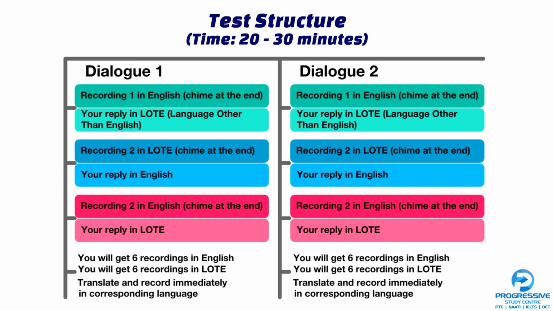After this, you'll hear another dialogue, and the process will continue until all the dialogues in the first dialogue are completed. After this, you will be given a second dialogue, which will also contain 6 dialogues in English and 6 dialogues in LOTE. The process will continue until you have recorded responses for all the dialogues.